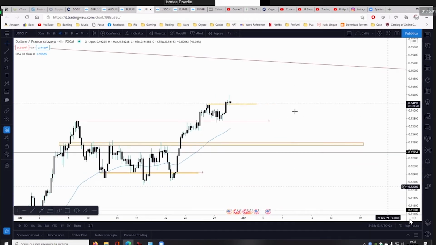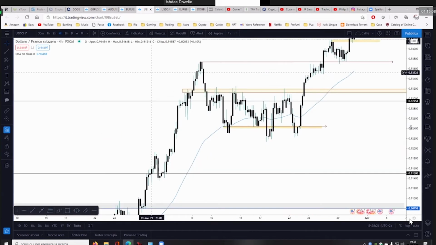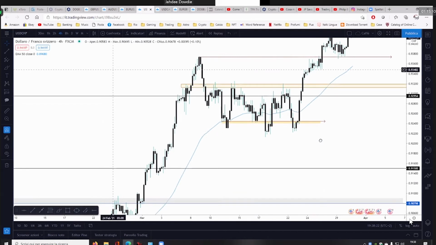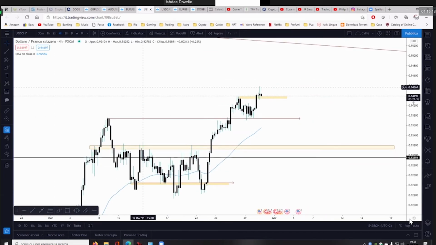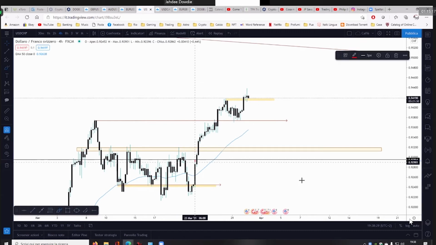So let's imagine we have this break of the structure. Overall, now it's becoming a bullish trend on USD Swiss. But if we have a break here, break there, like this, and then you have a nice bullish candle.